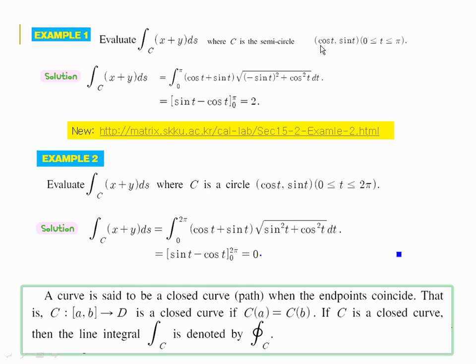It's a unit circle, so r is equal to 1. Cosine t plus sine t, then the square root of the derivative of cosine t, which is minus sine t, squared, plus the derivative of sine t, which is cosine t, squared. The integral of this is what we are looking for, which is 2.